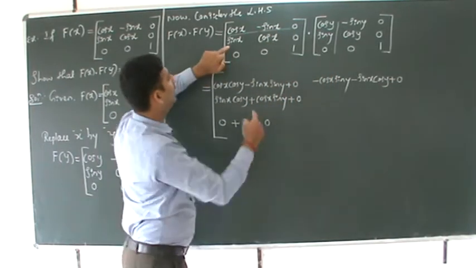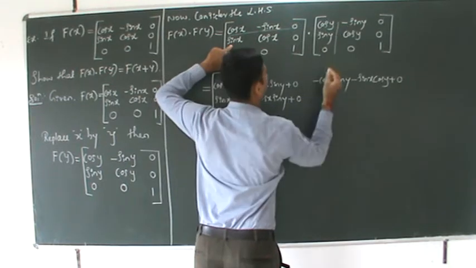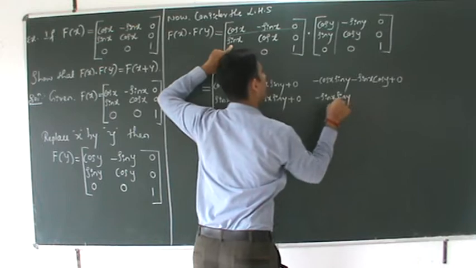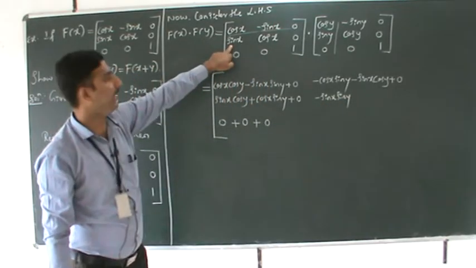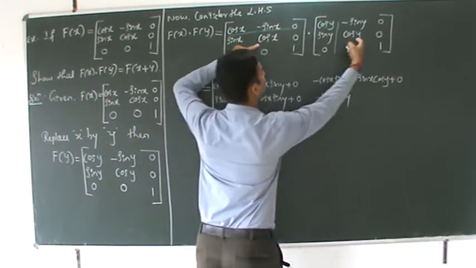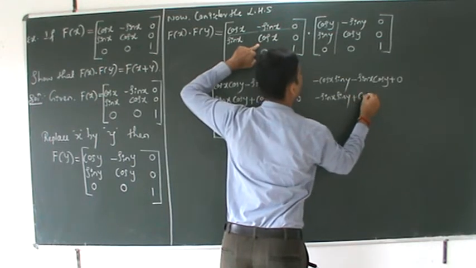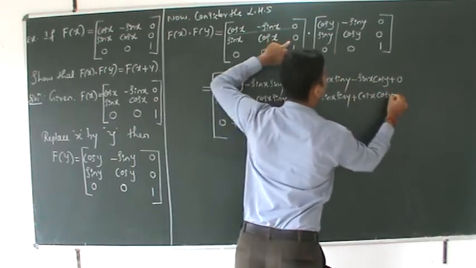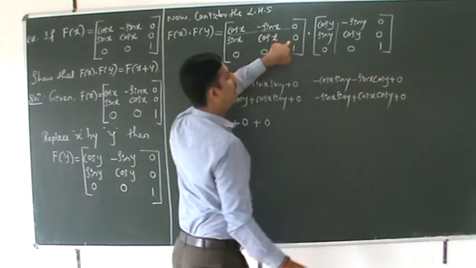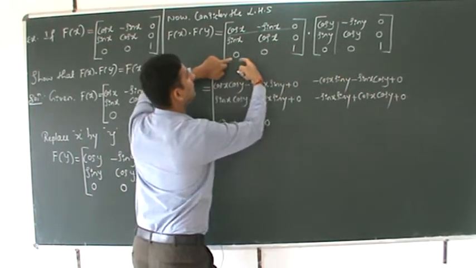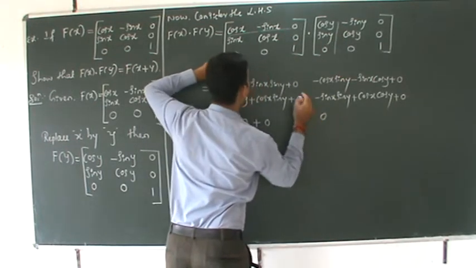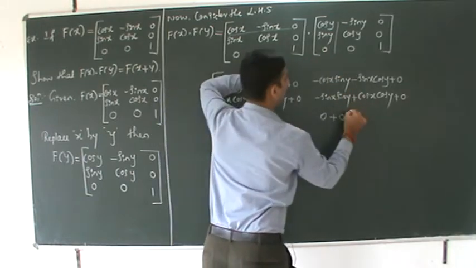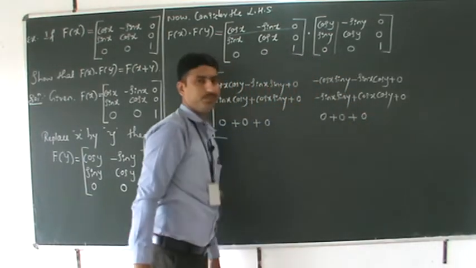After that, sin x sin y, cos x cos y, cos x cos y plus 0. After that, 0 into cos y is exactly 0, 1 into 0 is 0.